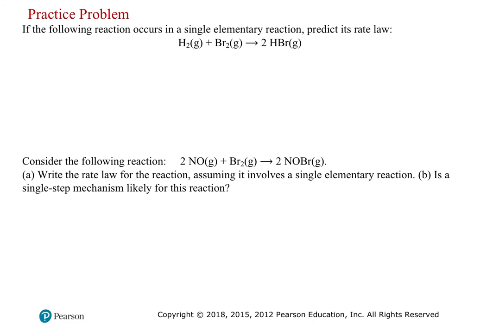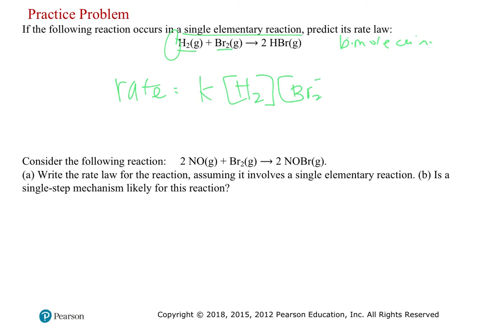So let's look at this reaction here. It says, okay, if this reaction happened in a single elementary step, predict its rate law. So if the mechanism was a single step, then we have two molecules, it would be bimolecular. And then the rate law would be rate equals K times hydrogen to the first because of the stoichiometry, times bromine to the first, again because of stoichiometry.